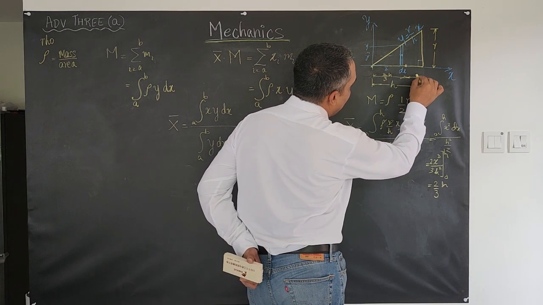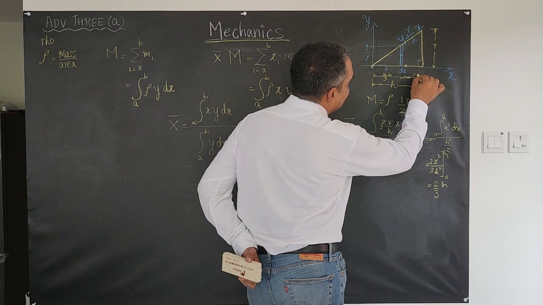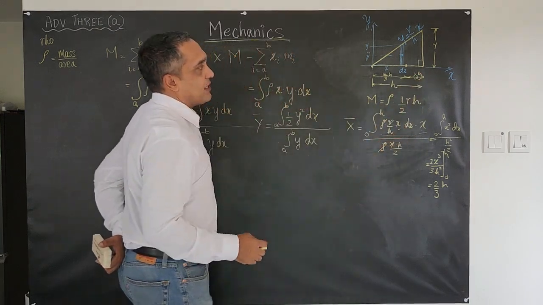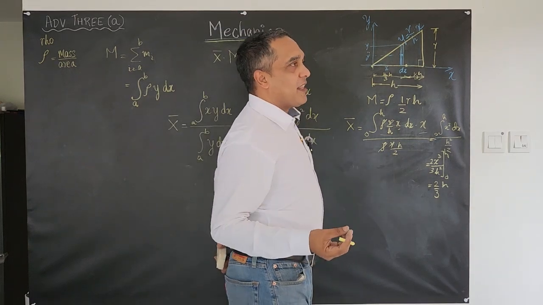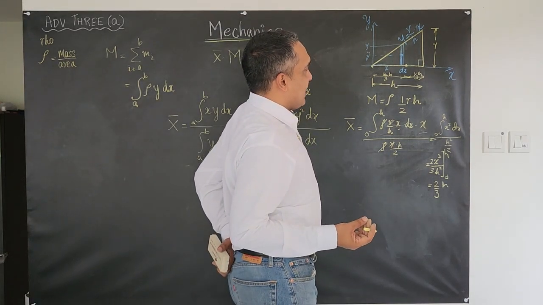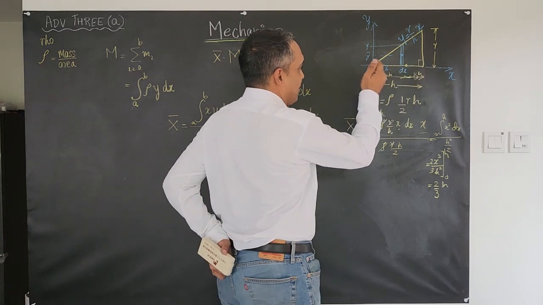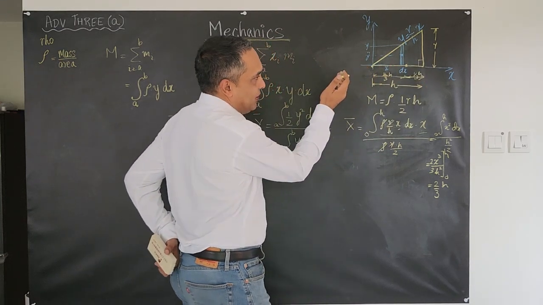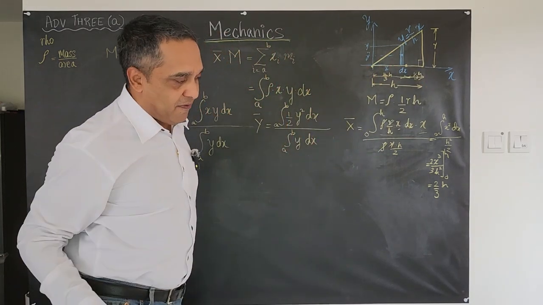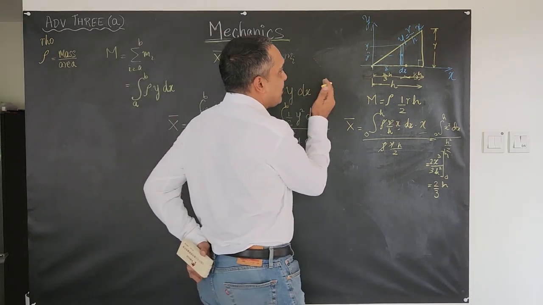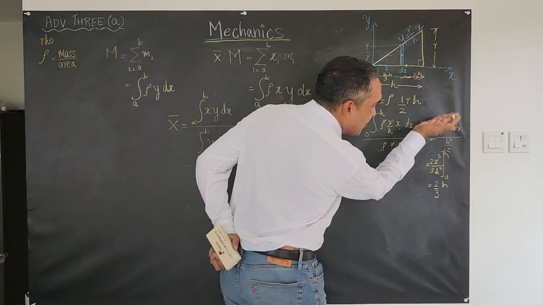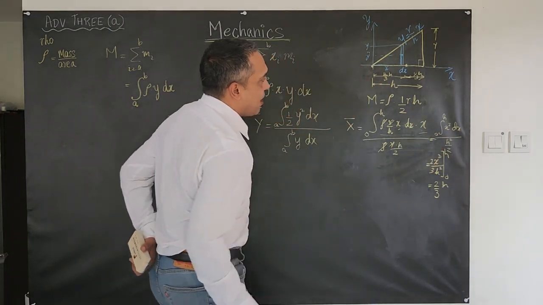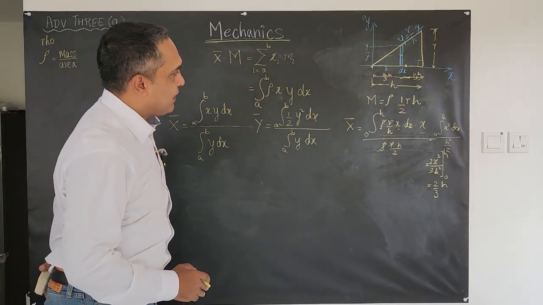Now, the reason why I want to be clear with the arrows is this is an area which they'll trick you with, because if you read the question clearly, you'd know, are they asking you for the distance of the center of mass from the base, or the vertex, or the apex, or the tip, or however they phrase your question? So pay attention to how you integrate, and that's where it becomes important, and that decides how you set the limits, which will give you the answer. So this is an important area that you need to keep in mind.